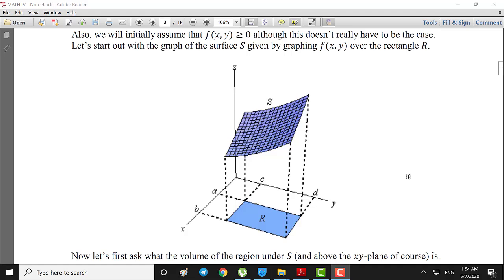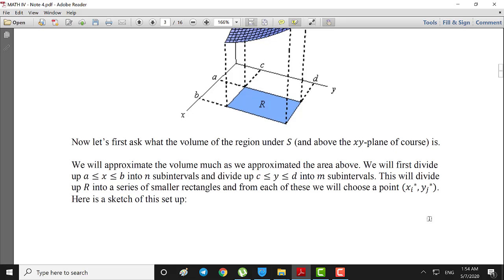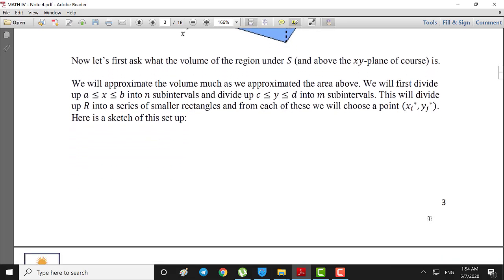Now let's ask, what is the volume of the region under S and above this plane R? What is the volume of this region that on one side has S and on the other side has R? Okay? This is the question we are trying to answer.